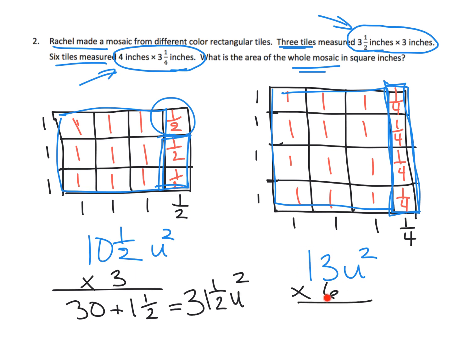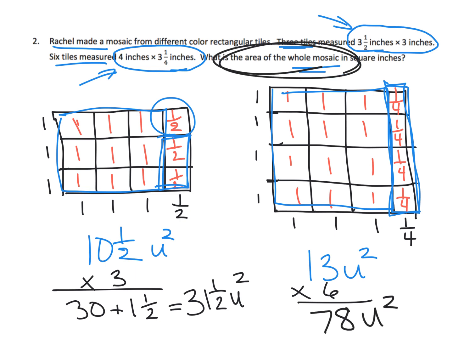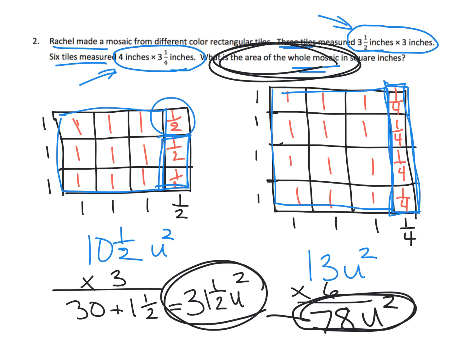We need 6 of these 13 square unit tiles. So 6 times 13, that's easy. That's 78 units squared. And now what is the area of the whole mosaic? Well, all we have to do is take this number and add it to this number, and that's our answer. I'm going to let you guys do that on your own.